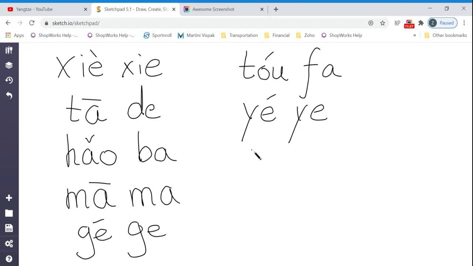So there's no specific rule to say which one is a neutral tone and which one is not. It's more like coming from your experience with the language as you go along, and then you will discover more. Whenever you see there's no tone marked on top of it, you understand it's a neutral tone. You need to pronounce it really light.